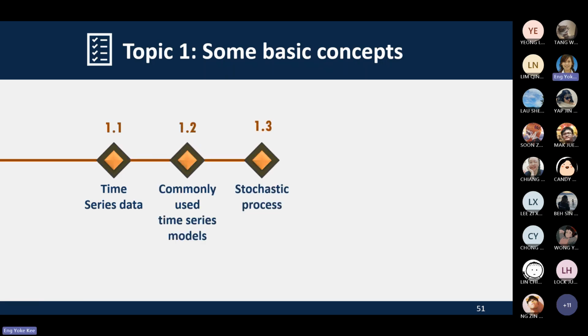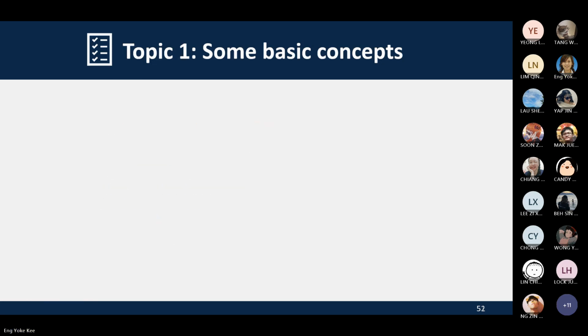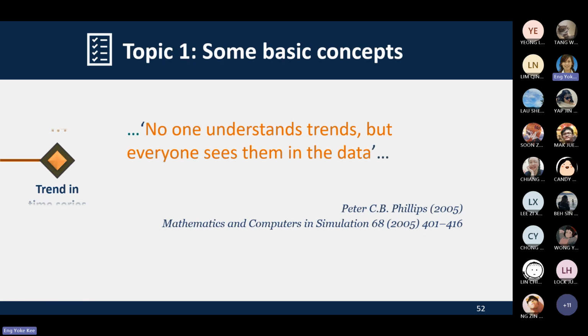Okay, so we have covered until this stochastic process. Can take it or not? It's a theory concept, but I hope that at least you know why we want this concept to be there. Okay, next one. We want to look at the trend in time series data.